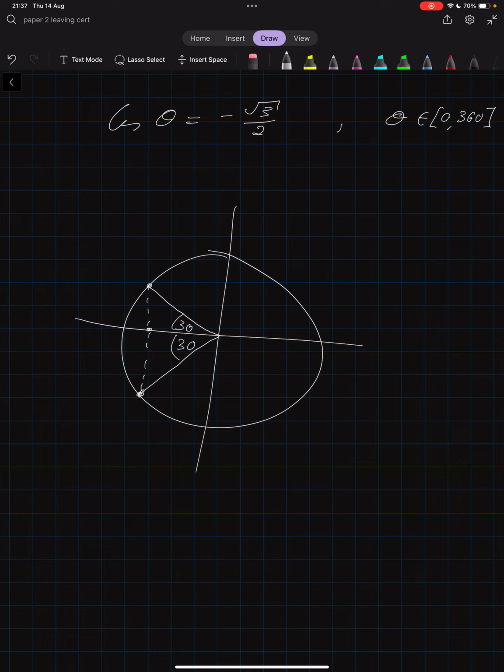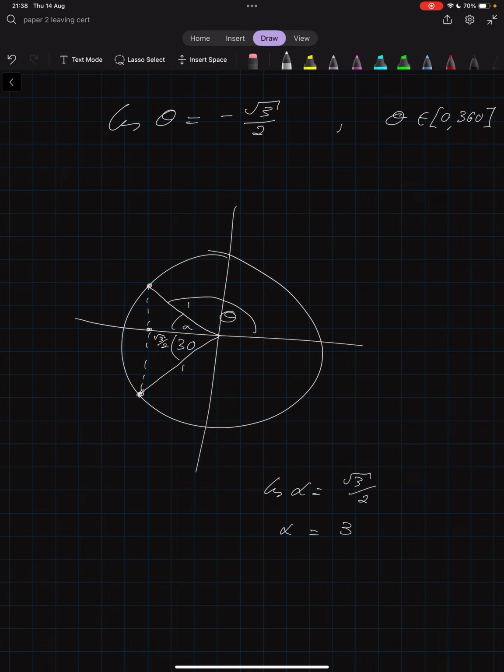But if you didn't know, you would say, well, the cos of theta is equal to this. So this is theta. This x value here, remember this is 1 and this is going to be root 3 over 2. You can simply call this angle alpha and say the cos of alpha is root 3 over 2 divided by 1, which is just root 3 over 2.